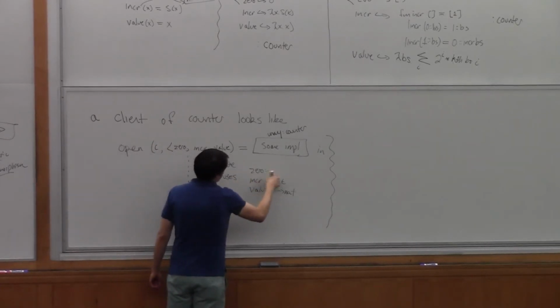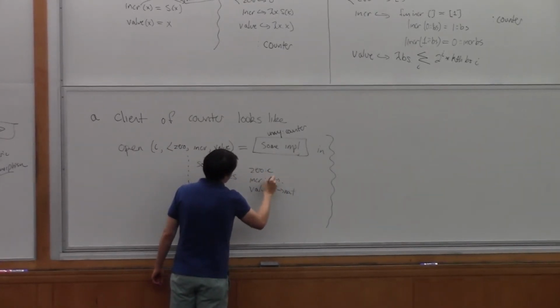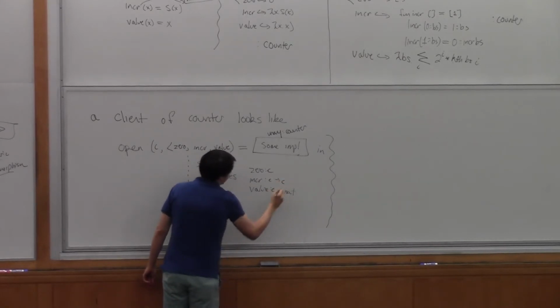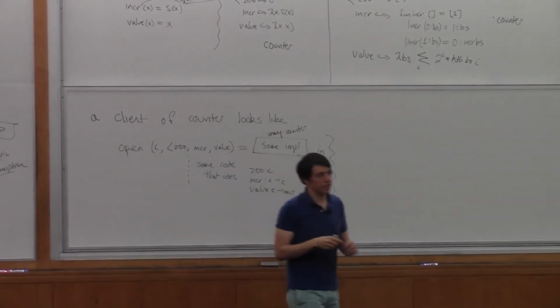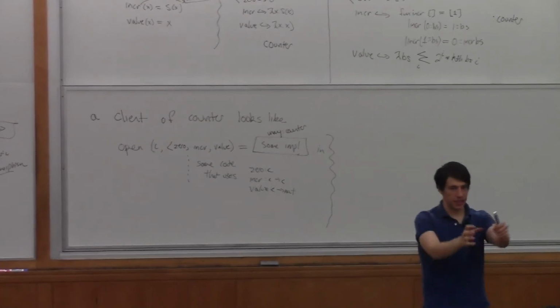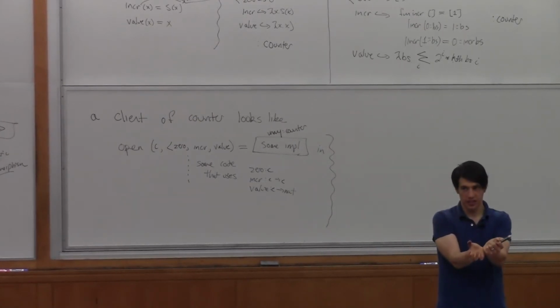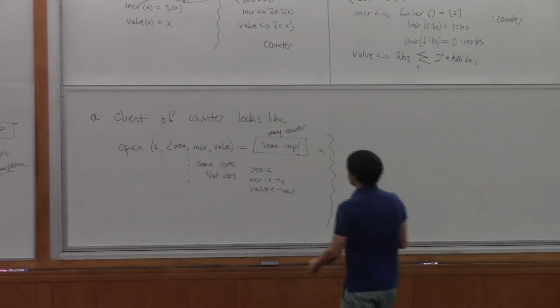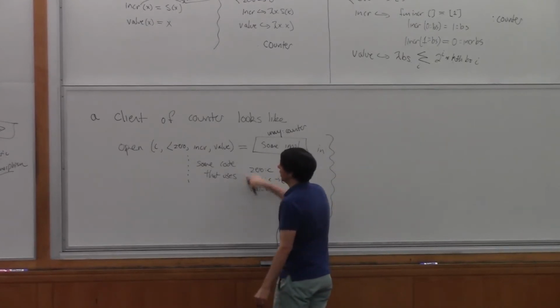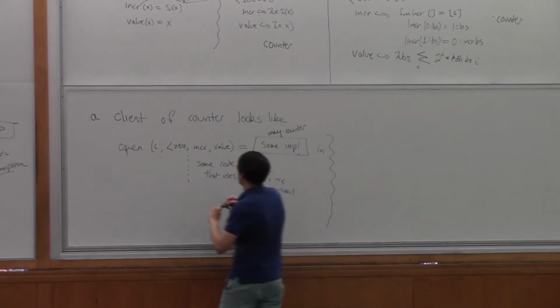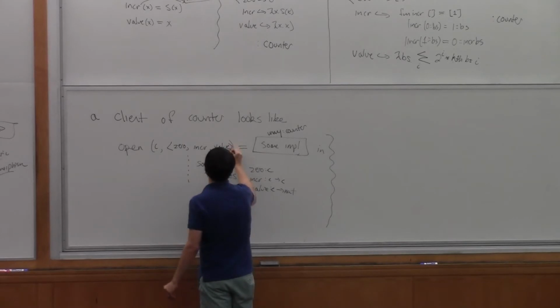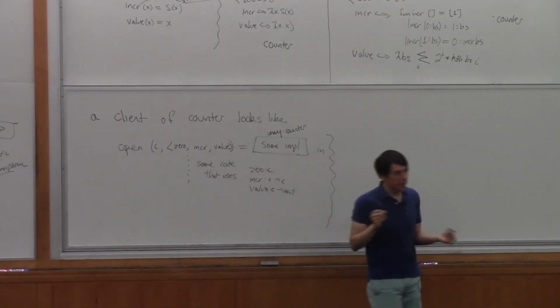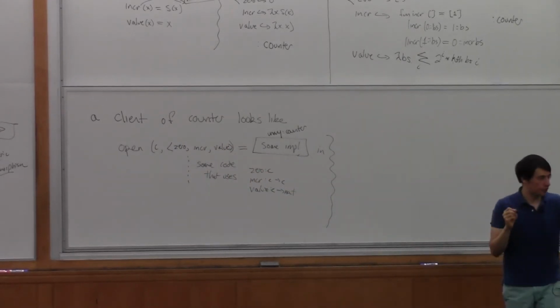I might have called that c, in which case all through here I would have c's instead. I make a local variable standing for the type that was included in the package of code. And then I use all of the functions, 0, increment, value, with that corresponding type. So what we're saying is you open the package, coming up with a name for the hidden type.